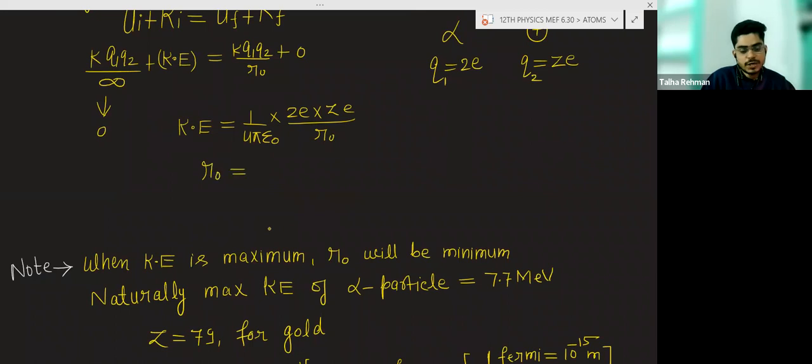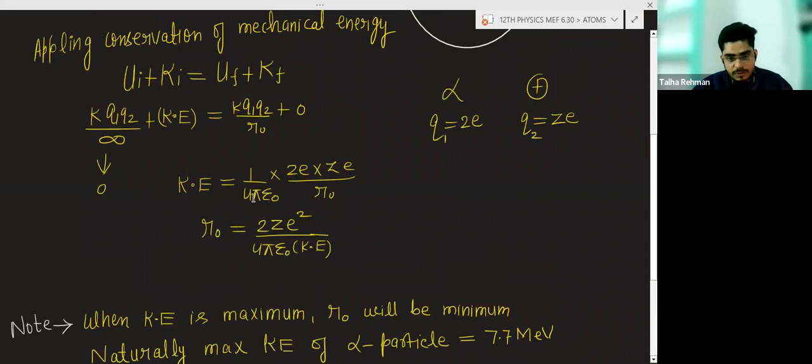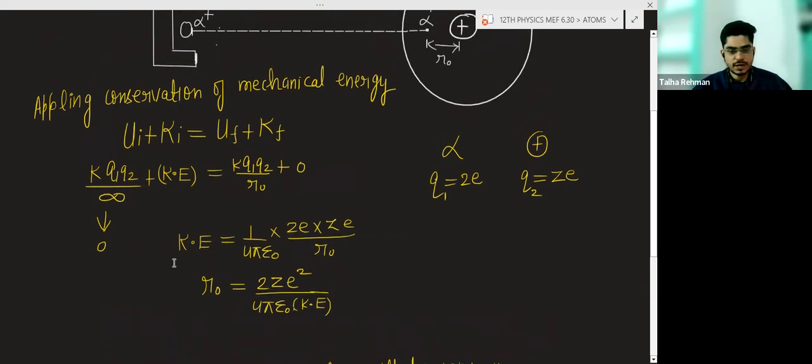R naught we will get as 2Ze square divided by 4 pi epsilon naught into the kinetic energy of the alpha particle. This is very easy. You can multiply this with this, so it will become 4 pi epsilon naught kinetic energy, and you will divide this with this. So you will get R naught. So this formula you will have. R naught is the distance of closest approach.